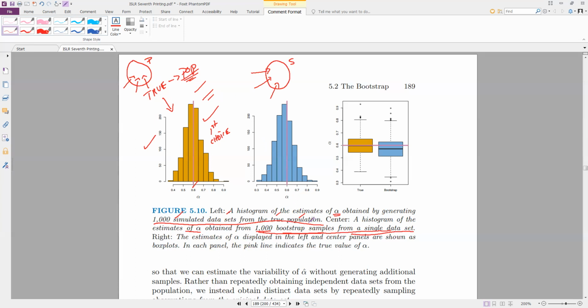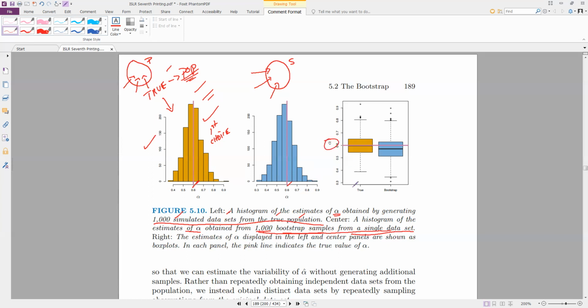Now, what they want to show here is this is all simulation too, right? You're not doing this for real. Like when we say this is the true population, we're not doing this empirically. This is all simulated stuff, but it's kind of used as the ideal in this example. So how close are they? Well, they actually come out to be pretty close. In other words, the bootstrapping is actually pretty close to the mark, as they show here in the box plot.